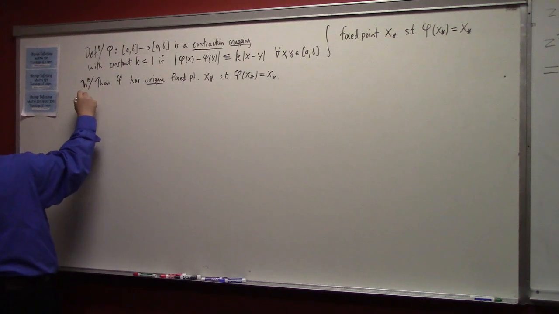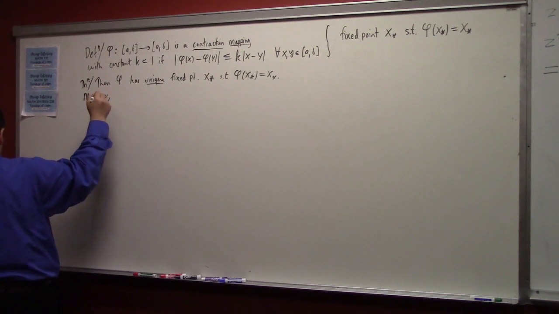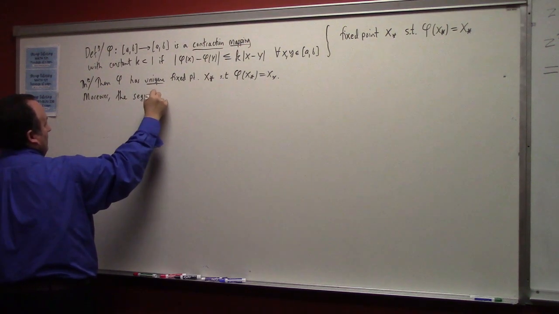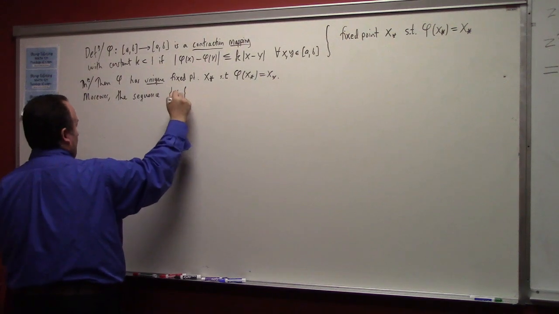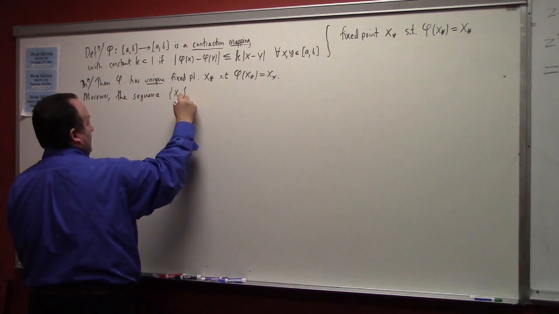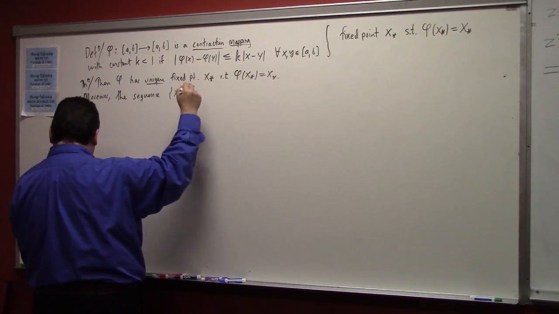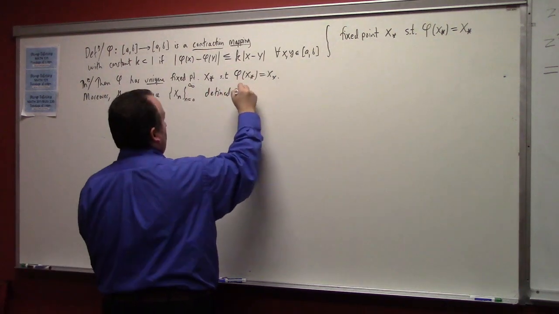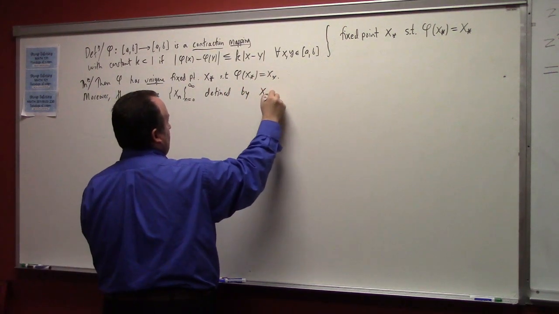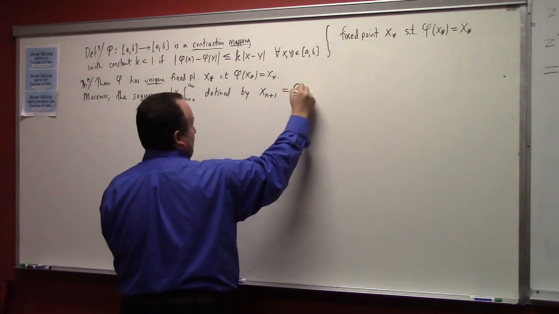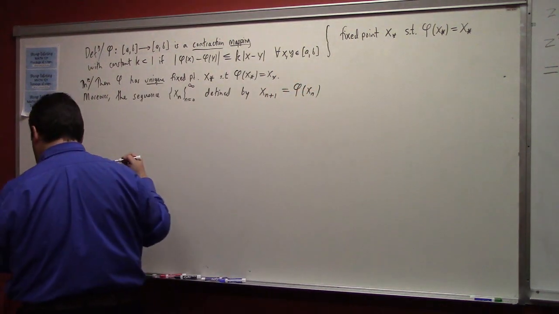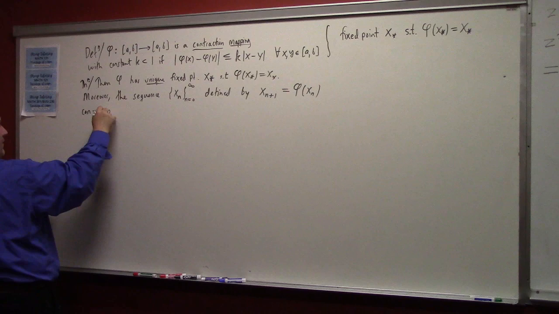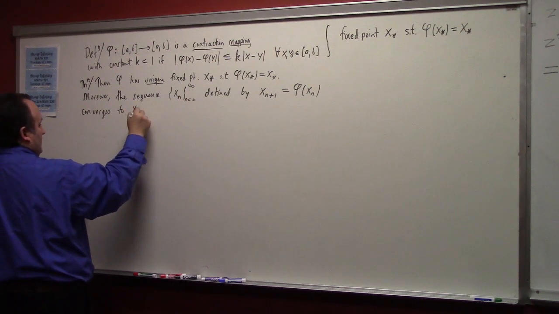Moreover, the sequence xn, n equals 0 to infinity, defined recursively by x of n plus 1 is equal to phi of xn. All right, well, that's pretty simple. Converges to the fixed point. Oh, that's nice.